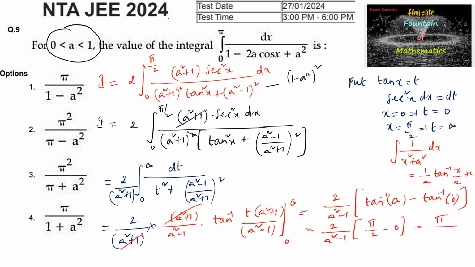So we can write pi divided by (a square minus, sorry, here it is 1 minus a square, as I told. So let us change. So here it is 1 minus a square.